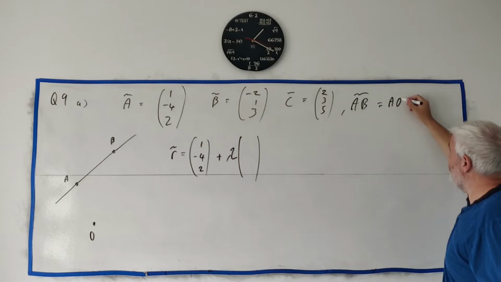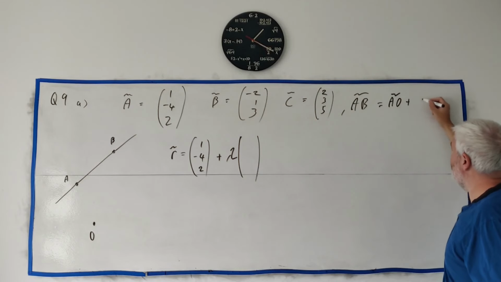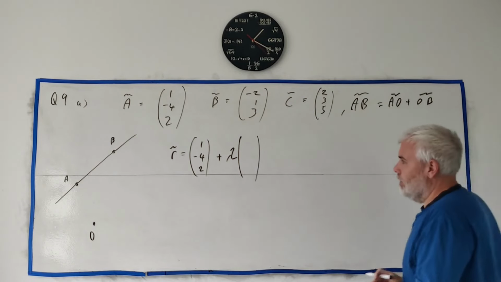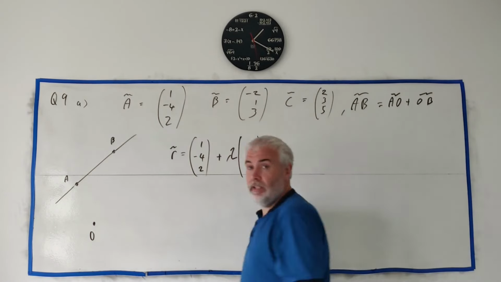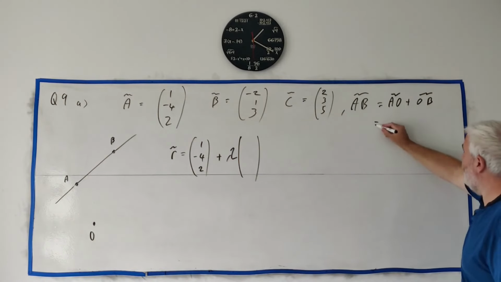So this should be the same as A to O plus O to B. Start at A, go to O, go to B, and you've got from A to B. So this works fine.